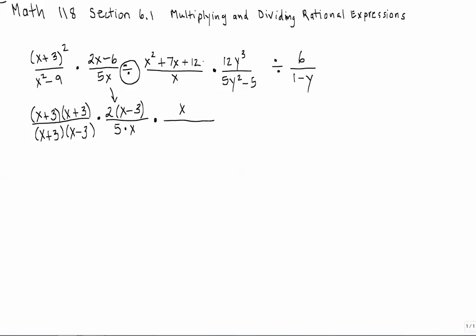And the numerator, this trinomial, x squared plus 7x plus 12, I'm going to put in the bottom, and I'm going to factor it at the same time. For a trinomial, the method I use is called trial and error. X times x is x squared. What times what is 12? You have a bunch of things to try, but for the sake of time, I'm going to try 3 times 4 because I know that works.